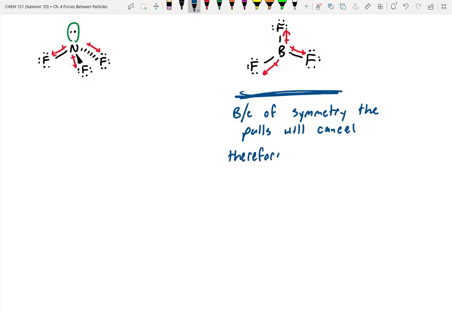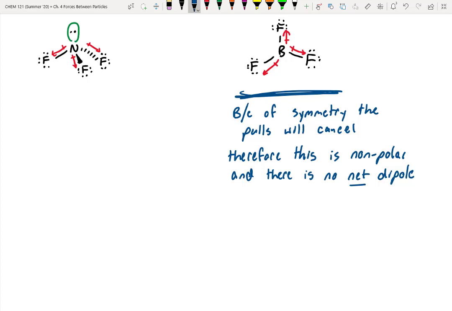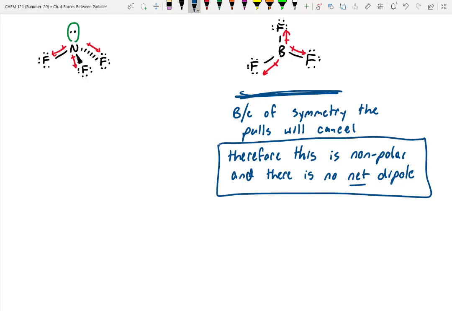Therefore, this molecule, if we look at it, is nonpolar, and there is no net dipole. So even though there's individual bond dipoles, there's no net dipole. Therefore, this molecule is going to be nonpolar because there is no net dipole.